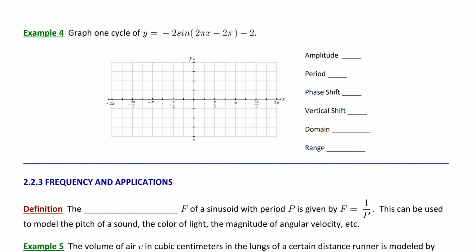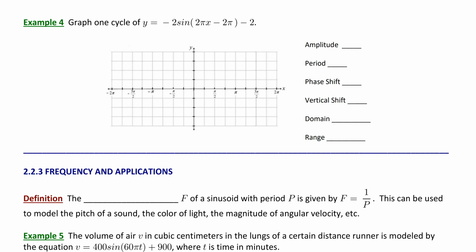On example 4, we're going to graph one cycle of y equals -2 sine of 2 pi x minus 2 pi minus 2. It's a lot of 2's. Let's recognize all of the components of this sine wave. First of all, notice it has a coefficient of -2. Now the amplitude, which is a distance, it's half the distance between the maximum and minimum, is +2.